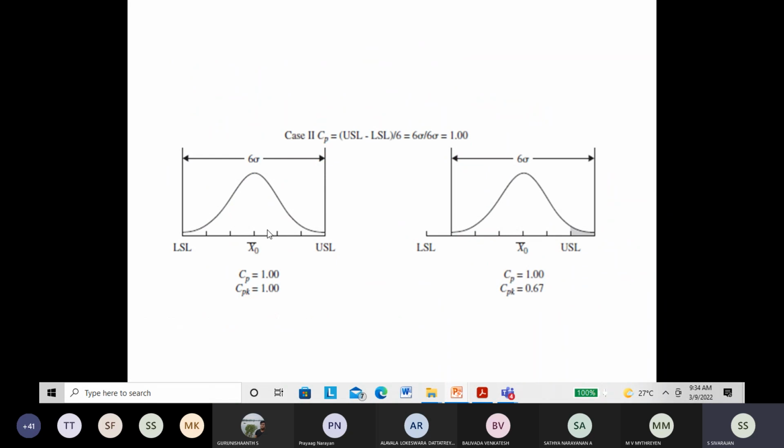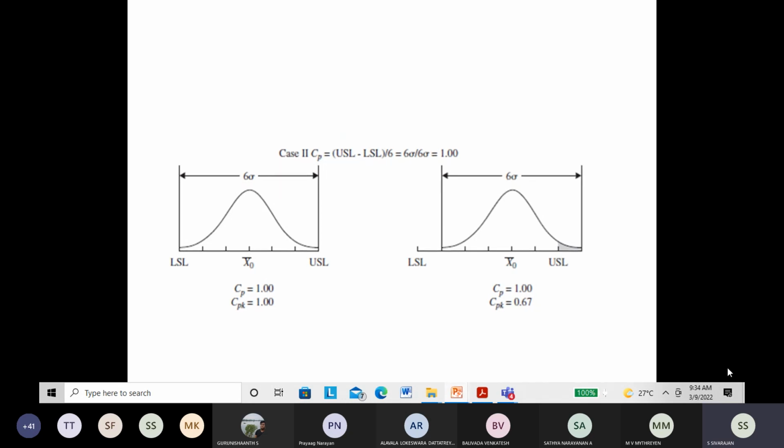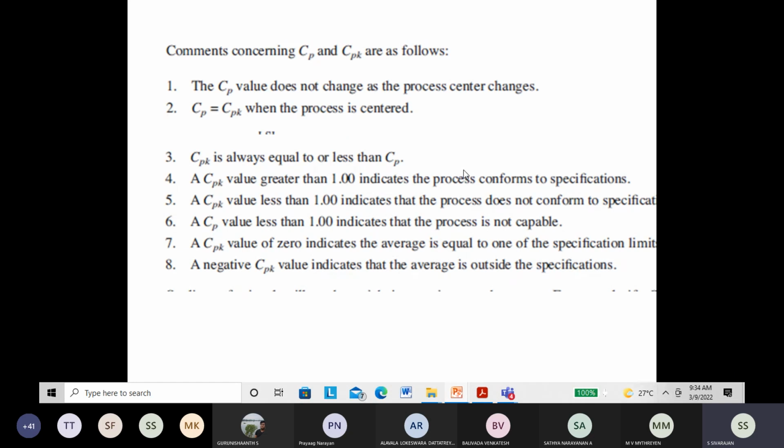If I am shifting the process center, nothing will happen to the CP value, as long as the specifications are the same. If the X bar shifts, everything will be shifted. So the CP value does not change as the process center changes. It depends upon minus 3 sigma and plus 3 sigma. The center is changing, but nothing will happen to the CP value.